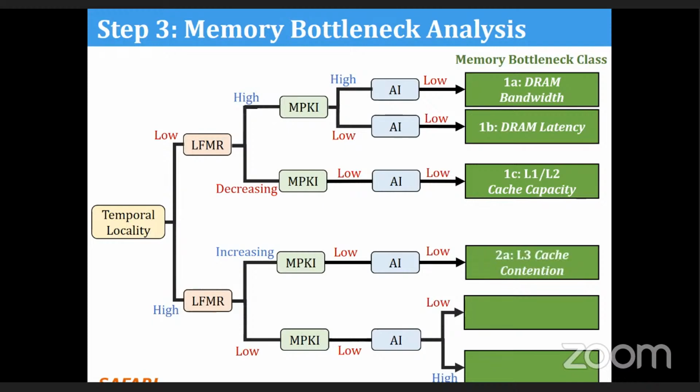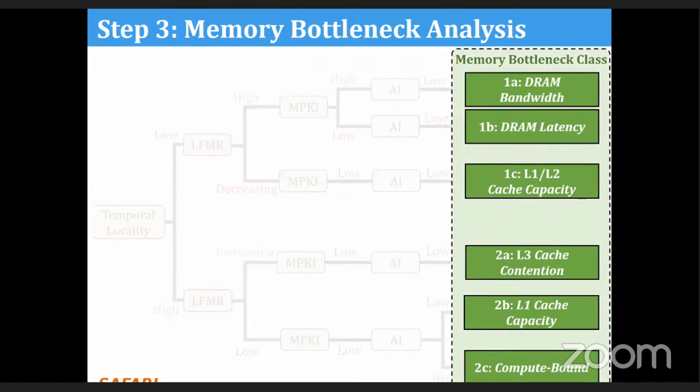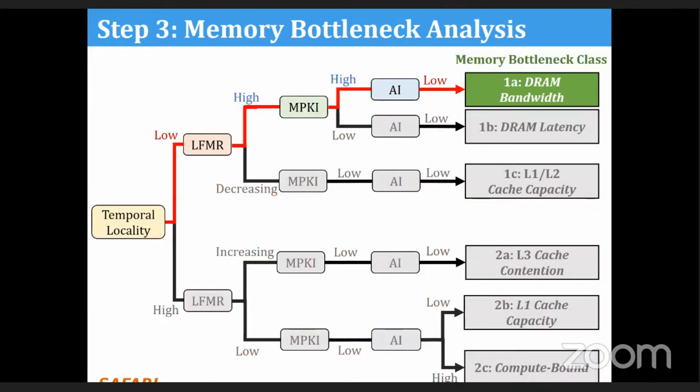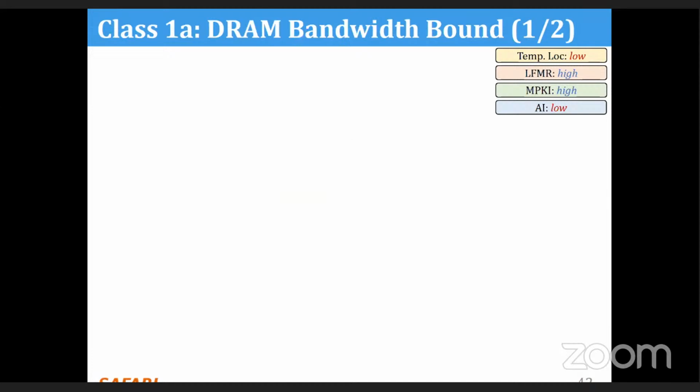Then we have class 2A, applications that show contention in the access to the last level cache, or class 2B, those that are constrained by the size of the L1 cache, and finally, purely compute bound workloads. As you will see, those are always going to run faster on the conventional processor-centric architecture. So these are different data movement bottlenecks, and we can talk in a little bit of detail about any of them. Did you guys have any questions about the previous steps?